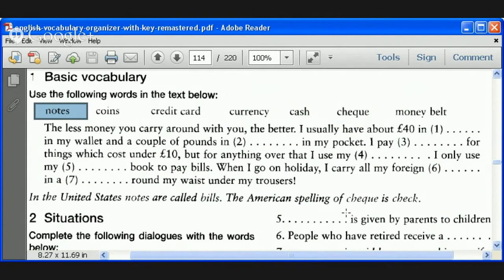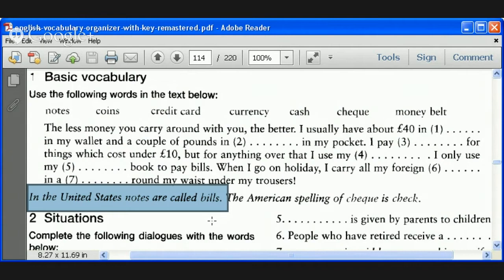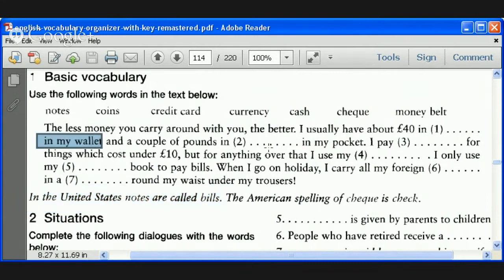Sure. Notes, of course. In the United States, we normally call them bills. So that's paper money. Okay. In notes in my wallet and a couple of pounds in coins. Sure, that would make sense. So the paper money and the metal coins. Coins in my pocket.